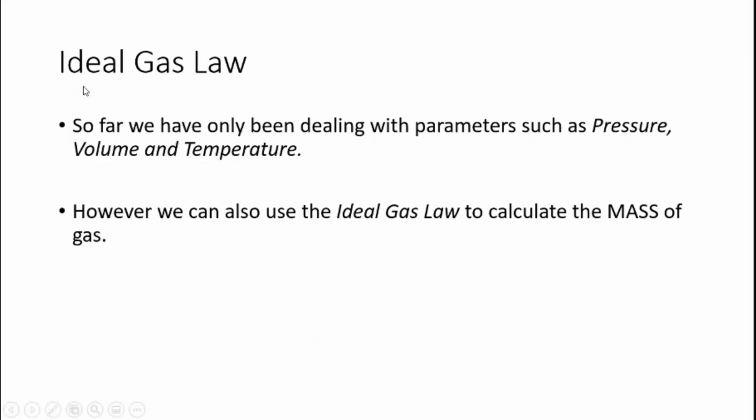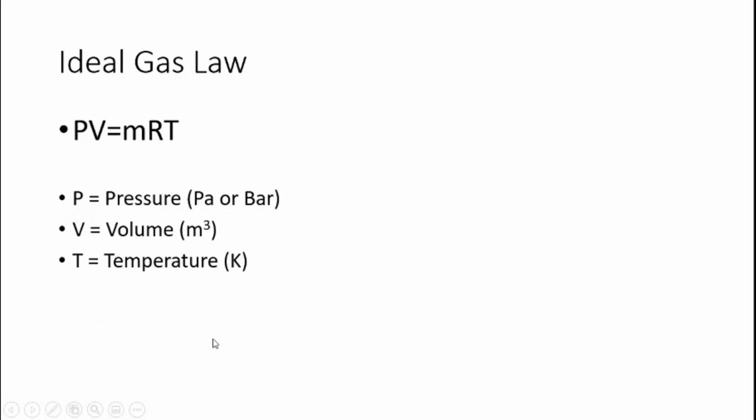The other one that we're going to be using is called the ideal gas law. So far we've been dealing with pressure, volume and temperature. But with this new one, the ideal gas law, we're allowed to calculate the mass of gas as well. So we can use pressure, volume and temperature and this new gas law to work out the mass of gas. And here it is: PV equals mRT, M being mass, T being temperature, and R being this gas constant.